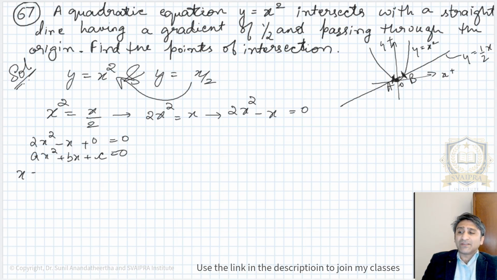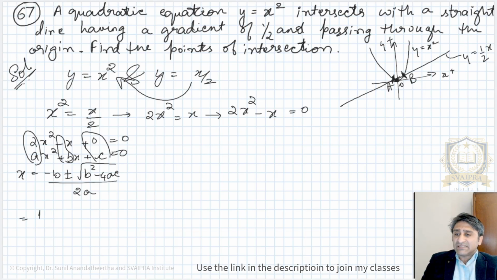The roots of this equation are minus b plus or minus the square root of b squared minus 4ac, divided by 2a. So therefore minus b is plus 1 now, because b here is minus 1, a is 2 and c is 0.